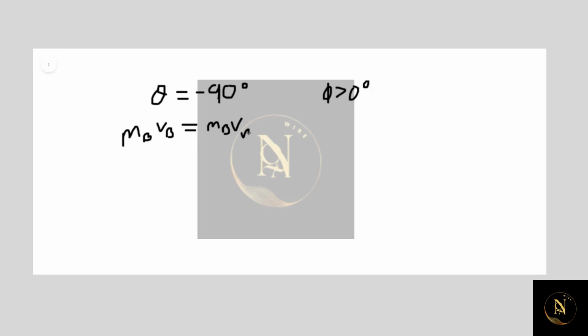So doing that here, we have mb times vb is equal to, for x, mb vb prime cosine theta plus ma va prime cosine phi.